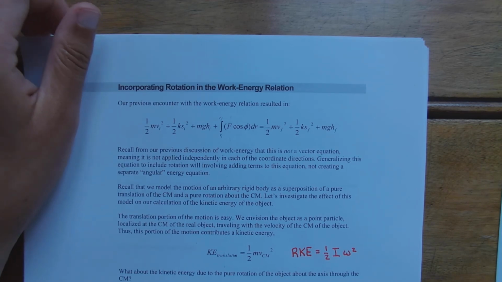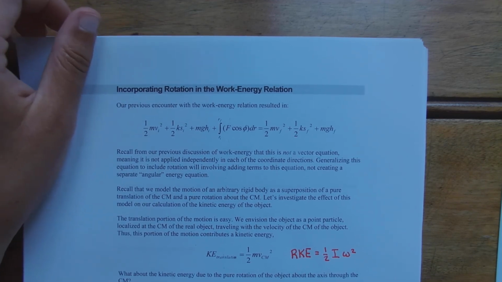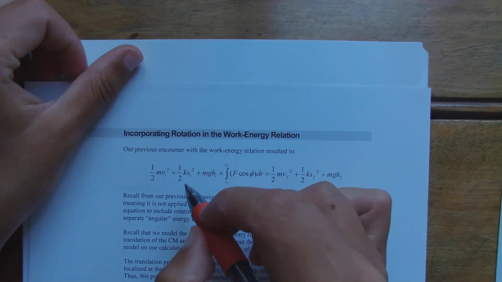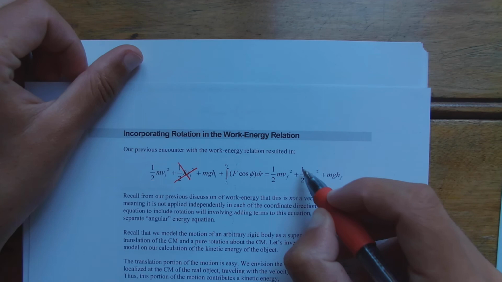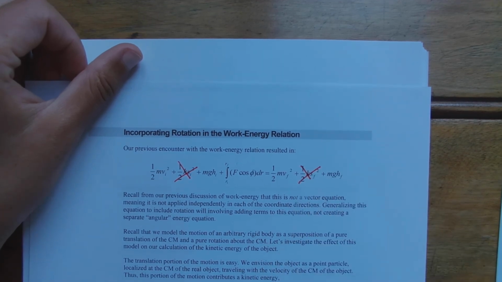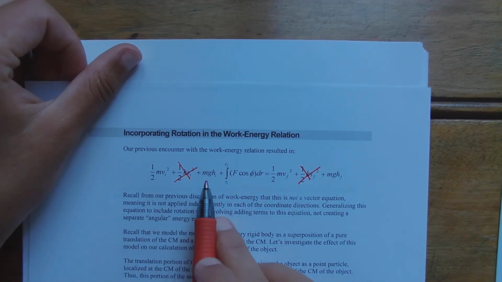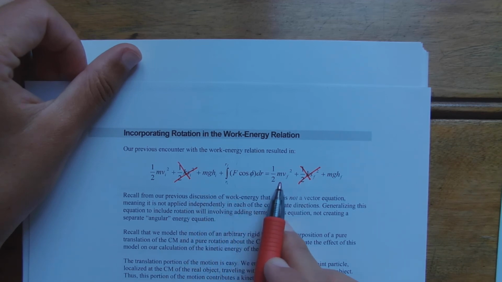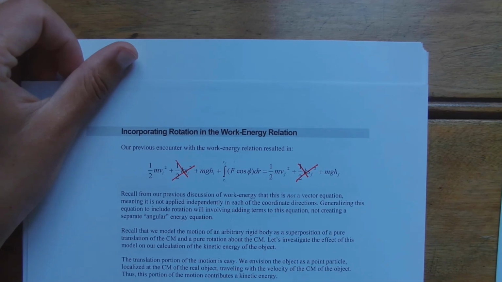Okay, so then we go back to our initial equation for kinetic energy. Since we didn't do all of Model 3 yet, we can ignore those terms. So we have kinetic energy plus gravitational potential energy plus work done by forces other than gravity is equal to final kinetic energy plus final gravitational potential energy.